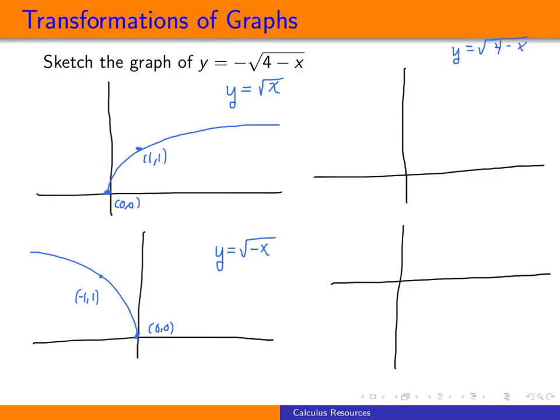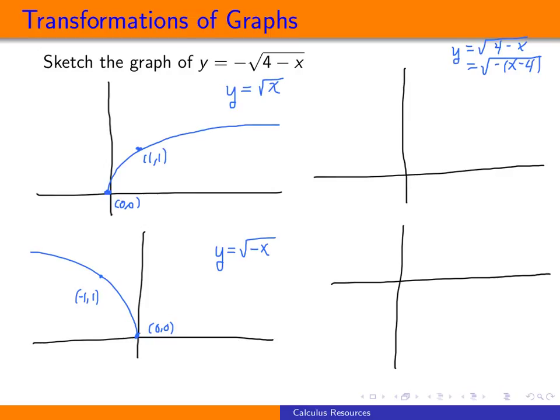But we have to be very careful here. We have to think about how the x value is being changed. So let's rewrite this as minus the square root of minus a quantity x minus 4. Because once that minus sign is distributed inside the square root, it's going to be minus x plus 4.